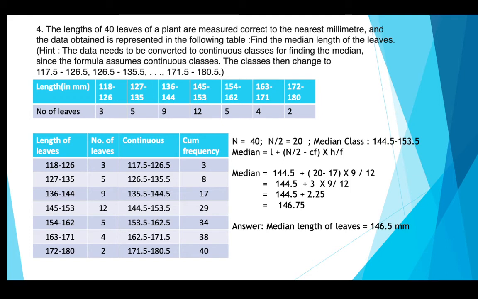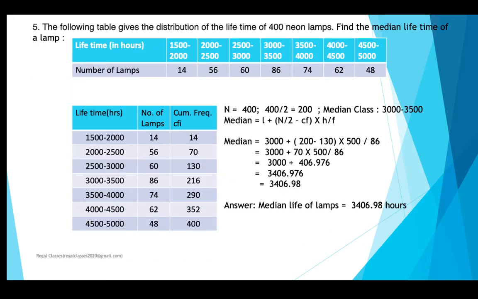After you identify the median class, you just substitute the values and get the answer. This problem is very similar to that. Same method: calculate cumulative frequency, identify the median class, and then put the numbers in the formula.